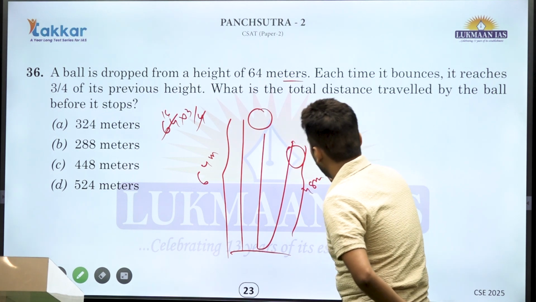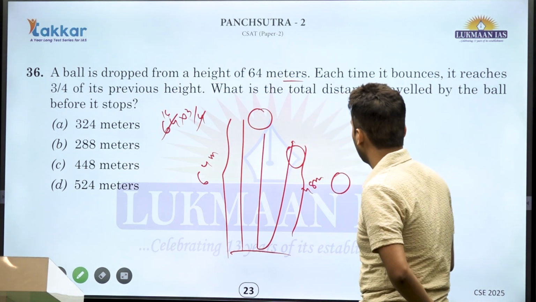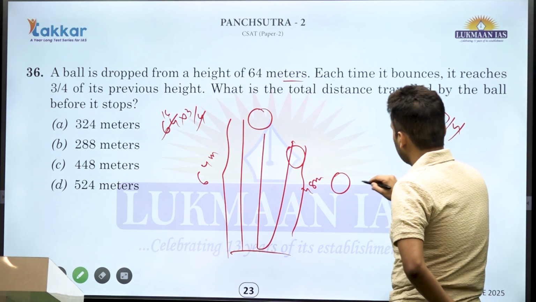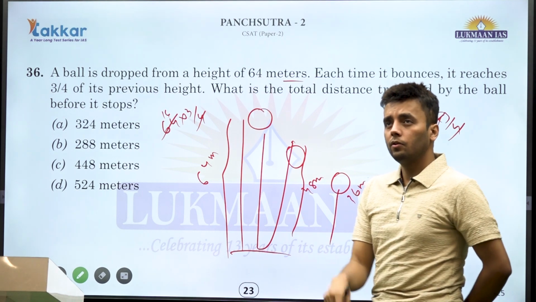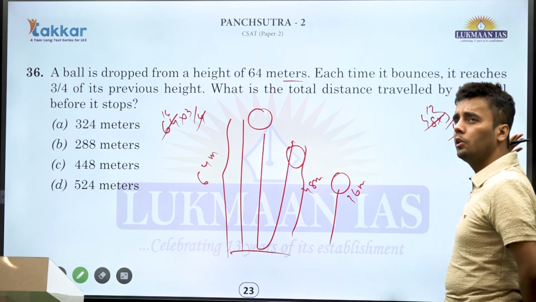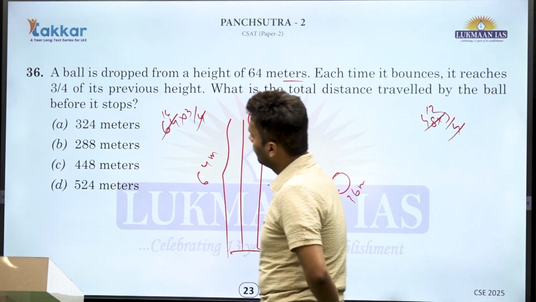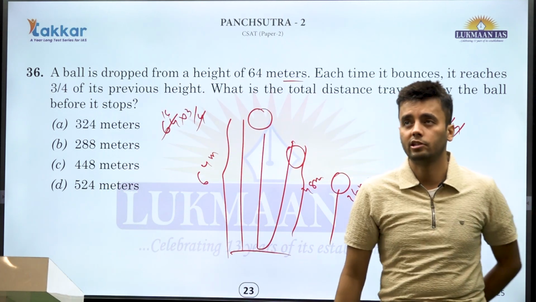Now if it bounces back, it reaches 48 meters. Again it will drop due to gravity, then again it will rise to somewhere here. What is 3/4 of 48? 36 meters. Now again it will go down and it will continue until it comes to rest. So this is a question of the infinite sum of a GP.